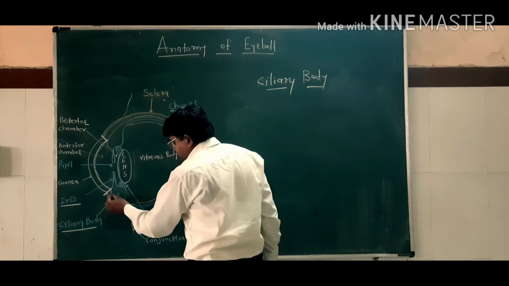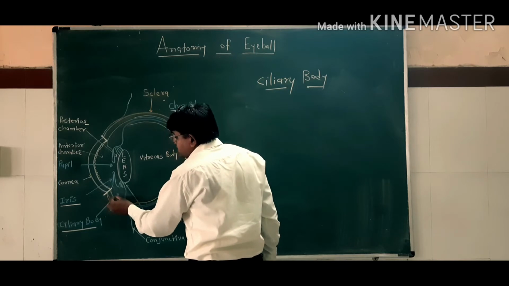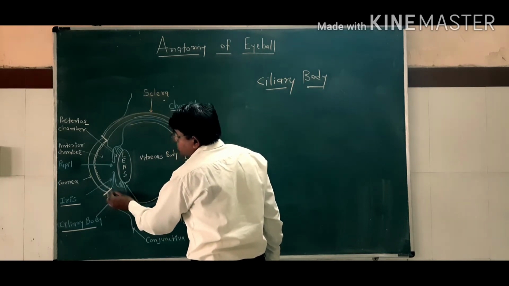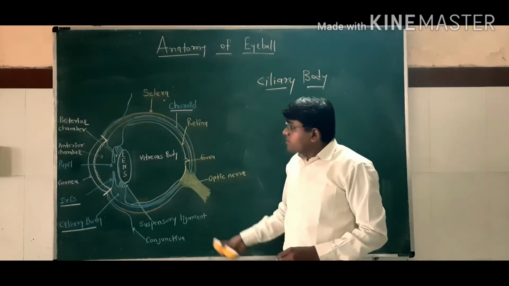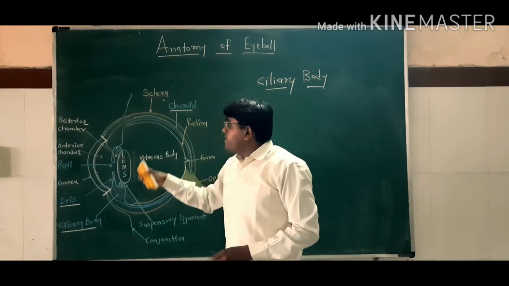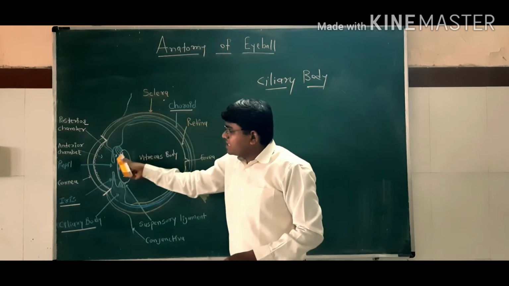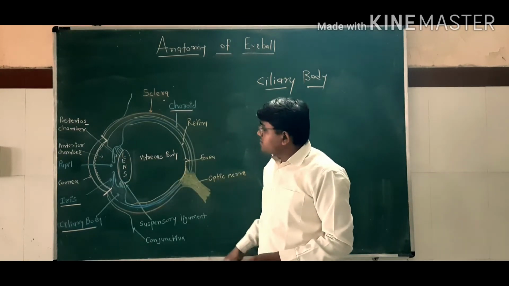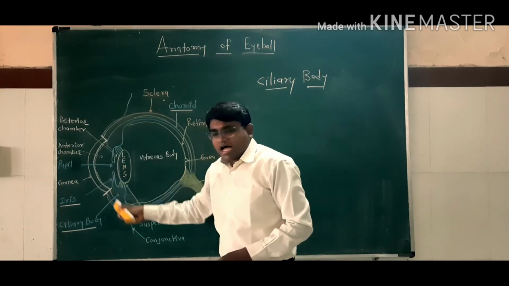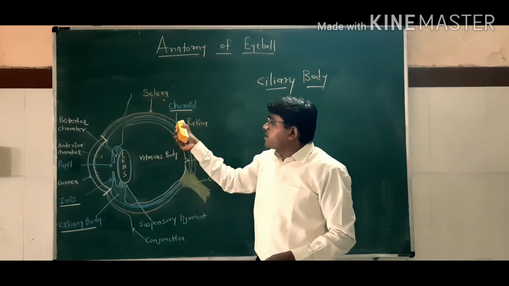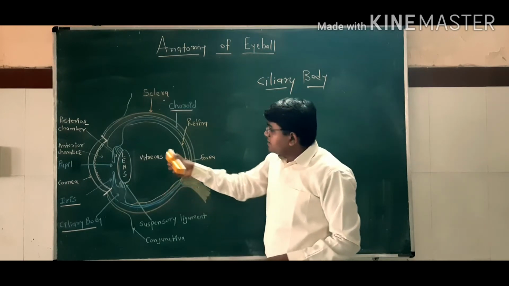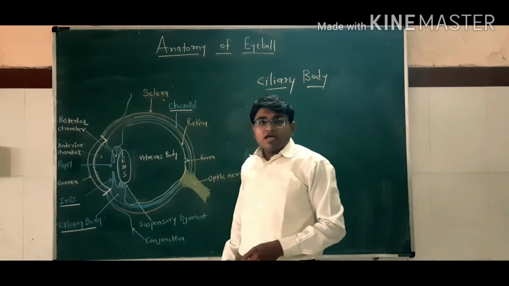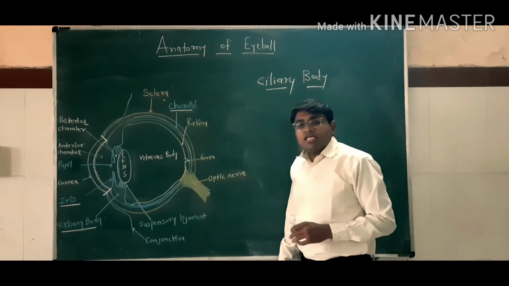This ciliary body is located just posterior to the limbus. It lies between the choroid and the iris. It means anteriorly it is continuous with the iris and posteriorly it is a continuation of the choroid. In the cut section, the ciliary body is triangular in shape.